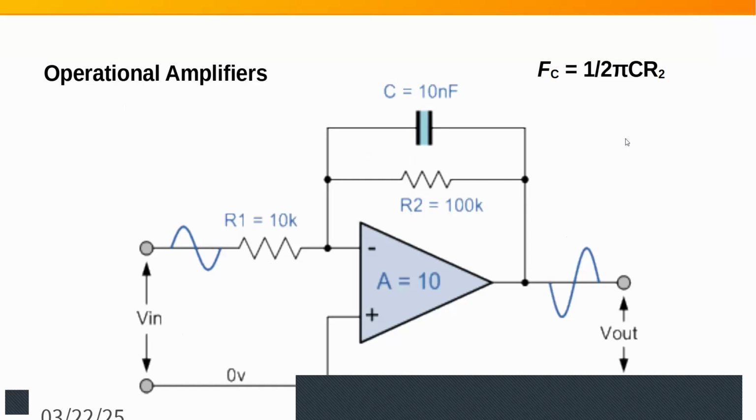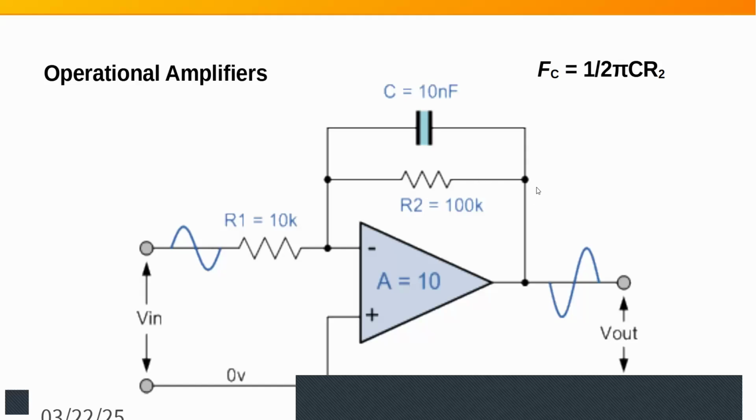Is it going to make it a high pass or a low pass? Low pass. What's the capacitor going to do as the frequency increases? It's effectively going to reduce the R2, right?